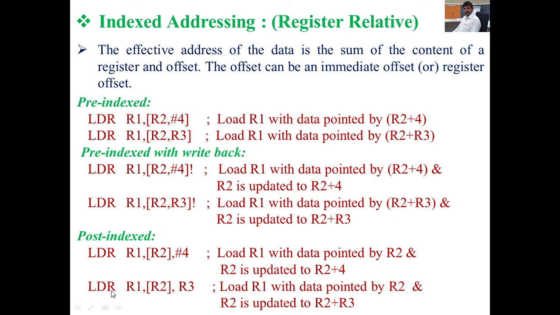Similarly, load register R1 with the data pointed by R2, and then R2 is updated to R2 plus R3. So these are the different addressing modes available in the TM4C family.